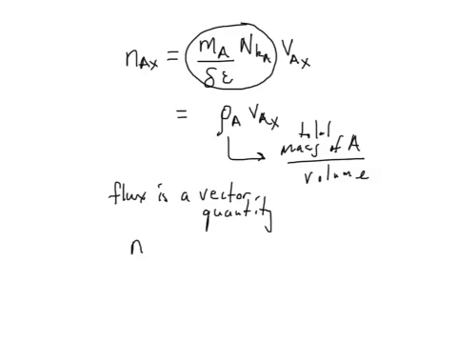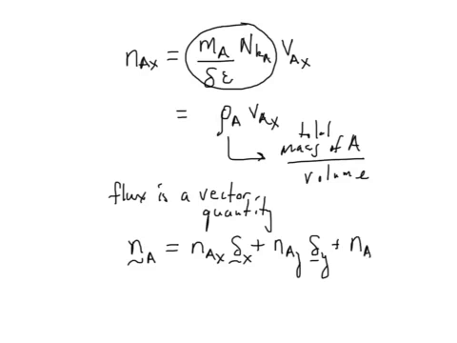So in general, using the tilde as a vector symbol, the mass flux as a vector quantity, Na, would have an x component times a unit vector in the x direction plus a y component times a unit vector in the y direction plus a z component times a unit vector in the z direction.